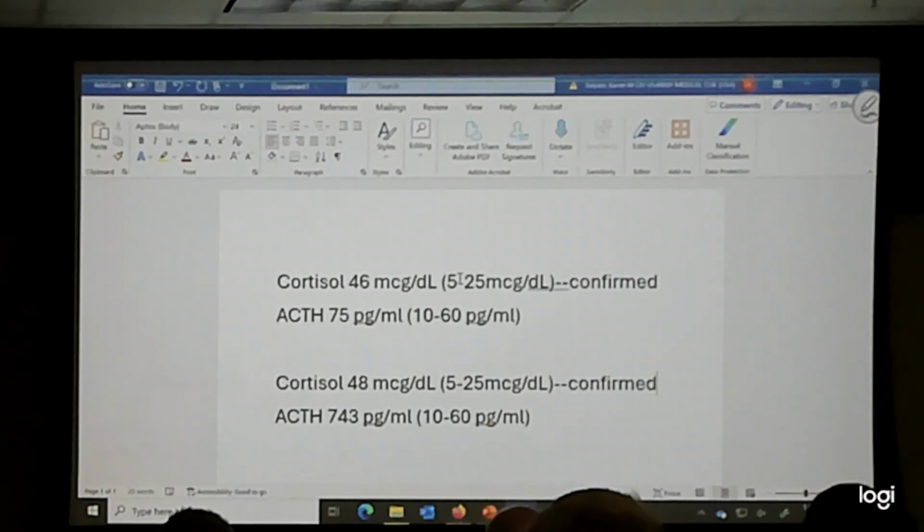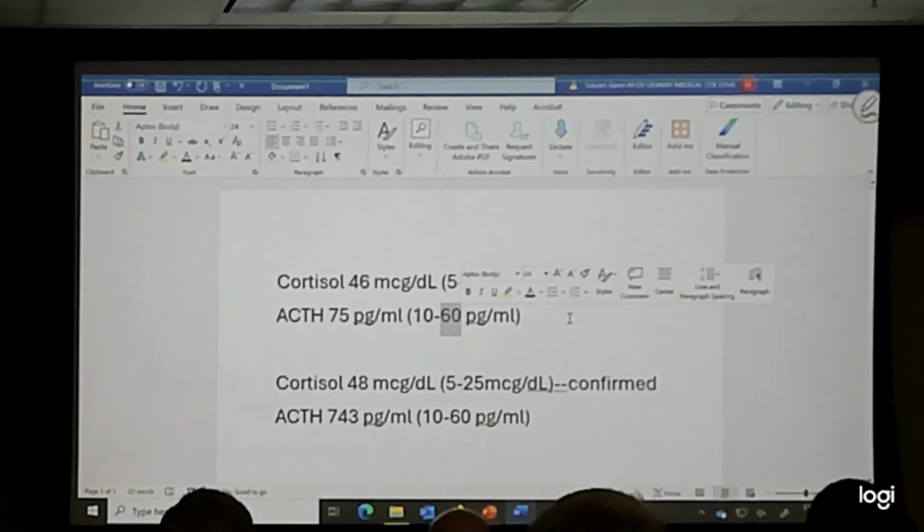So again, this number, this 75 of that person, what condition do you think that person has? Cushing disease. Exactly. Does that make sense? So remember, you only have to do the math.